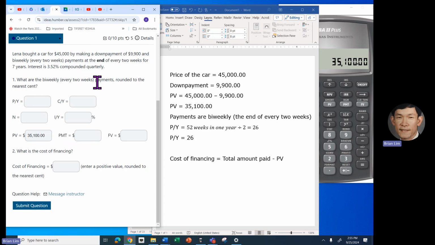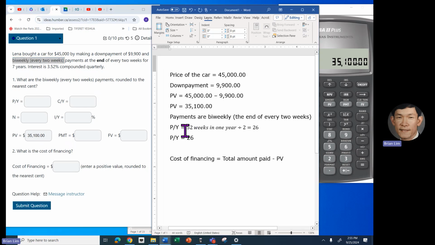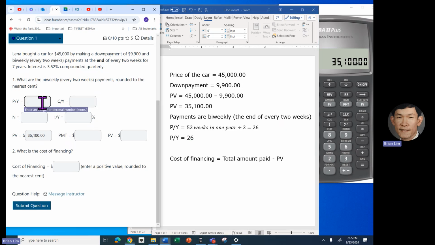Okay, so what else do we know? Well, the payments are biweekly, so they are every 2 weeks. We have 52 weeks in 1 year, and we have to divide by 2, so PY will be 26. So PY is 26 payments per year. Now CY: the interest rate of 3.52% is compounded quarterly, so CY would be 4 and IY will be 3.52.